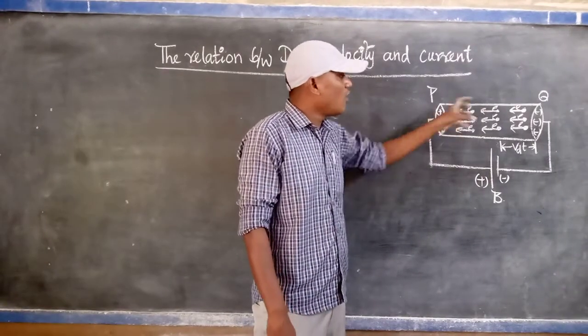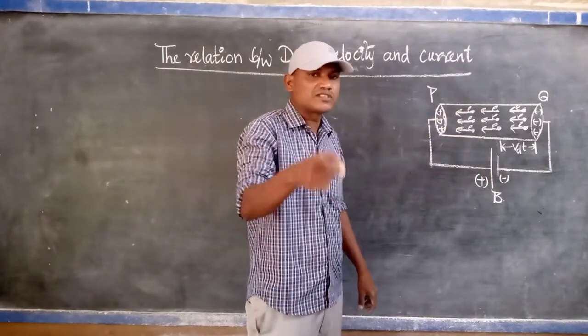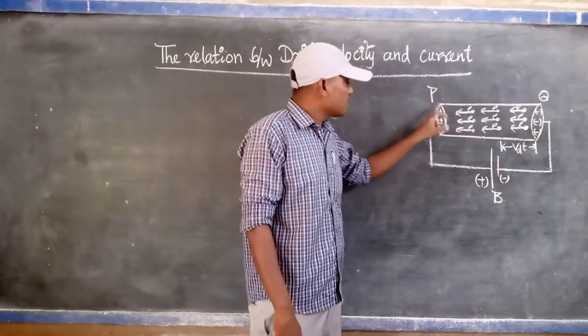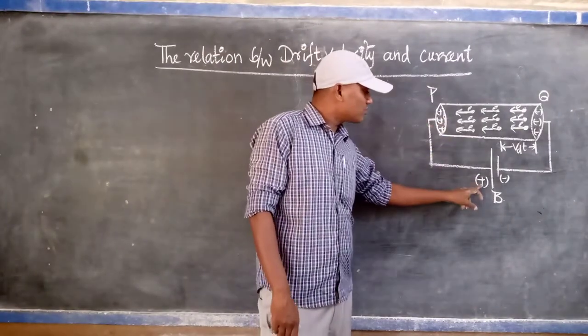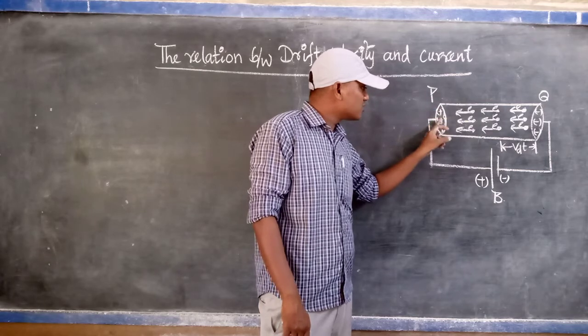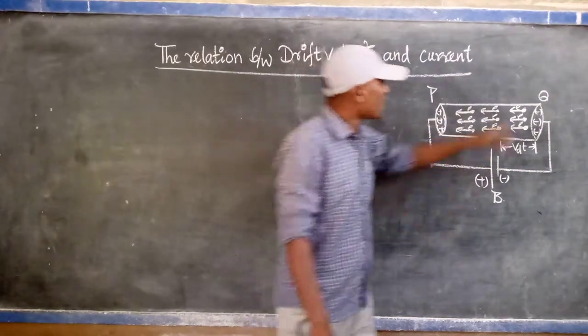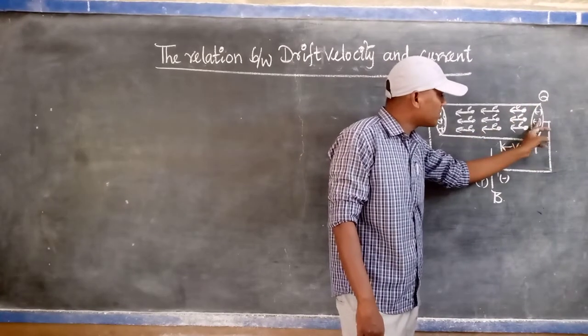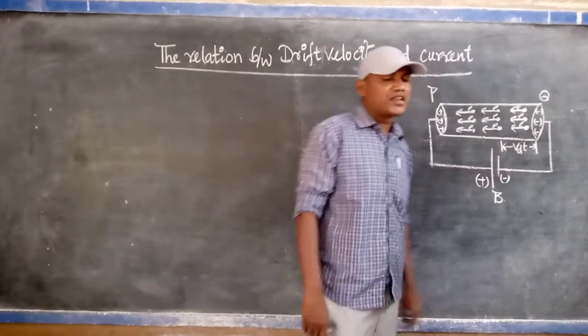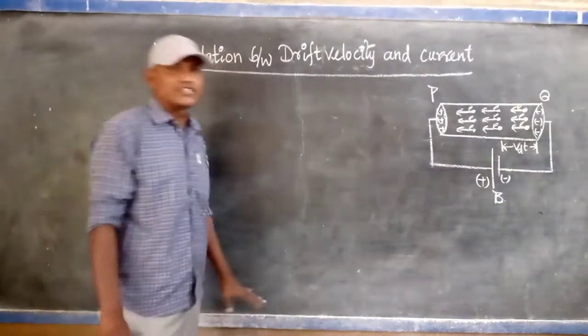It creates the potential difference. What is the potential difference? I will explain later. At the P end, positive charge is created due to the connection to the positive terminal, and at the Q end, negative charge is created due to the connection to the negative terminal of a battery. You know that.